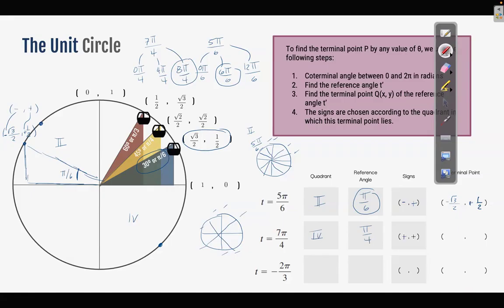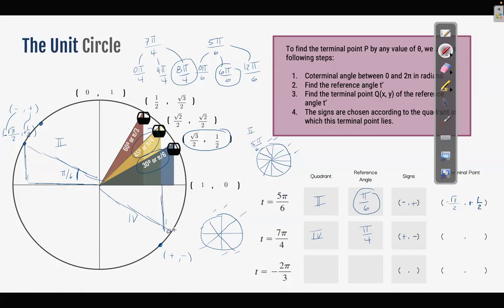Since we're in quadrant number 4, x is positive, y is negative, and the angle that we're using is pi over 4. So we're going to be sketching that particular triangle here.